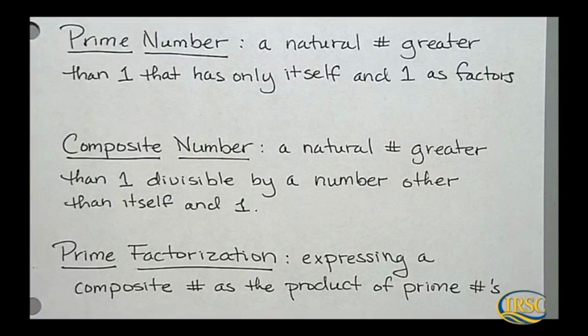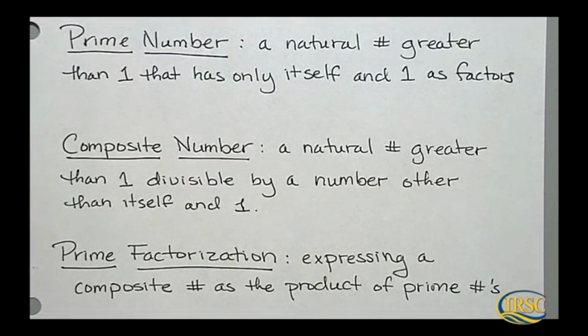The opposite of a prime number is a composite number. Maybe you're not as familiar with that word. A composite number is a natural number greater than 1 divisible by a number other than itself and 1. In other words, it's not prime, but it's bigger than 1. So the number 6 is a composite number because 1 times 6 equals 6, but it's also divisible by 2 and 3.